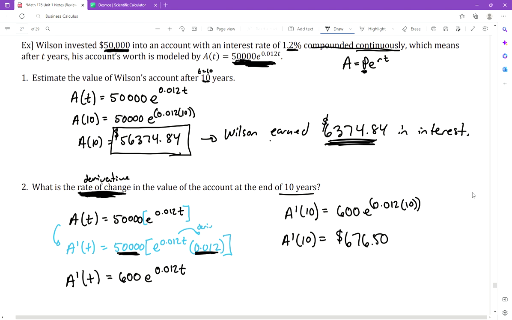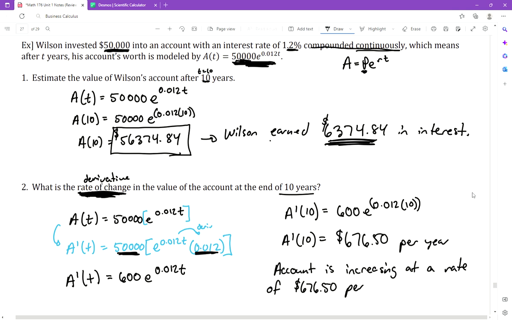Because it's a rate of change, and this was the dollar amount, this is per year. So what this is stating is that the account is increasing, because that's a positive value, at a rate of $676.50 per year at year 10.